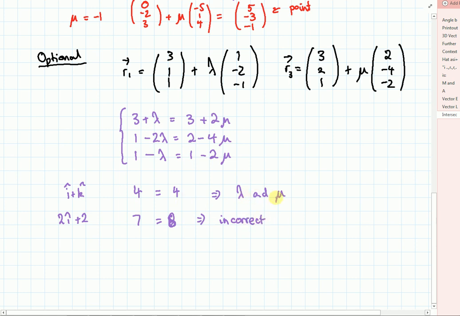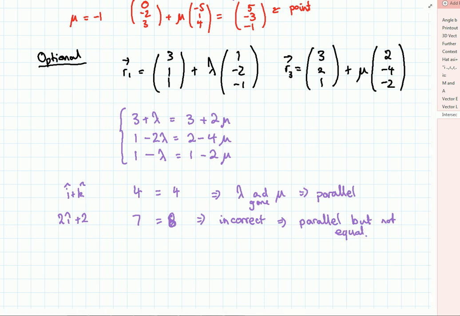The fact we keep losing all our lambdas and mu's says they're parallel. The fact that we get an incorrect statement at some point says they are only parallel and they are not the same. So this is just a special case where you can't get solutions.